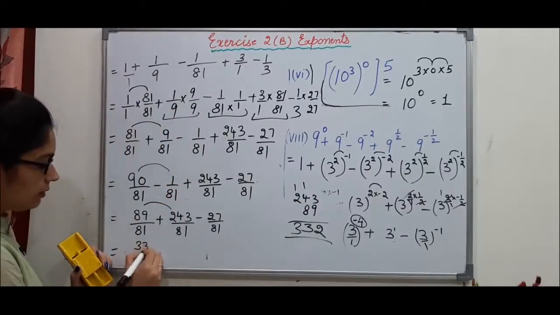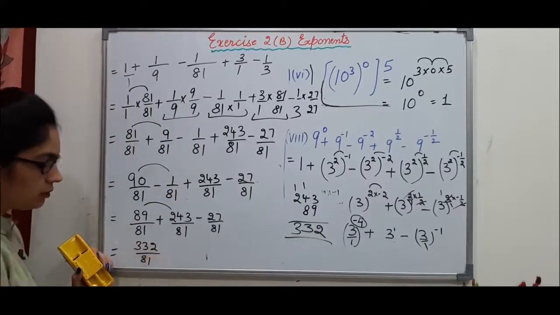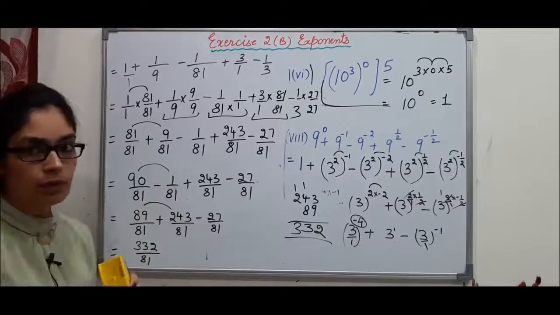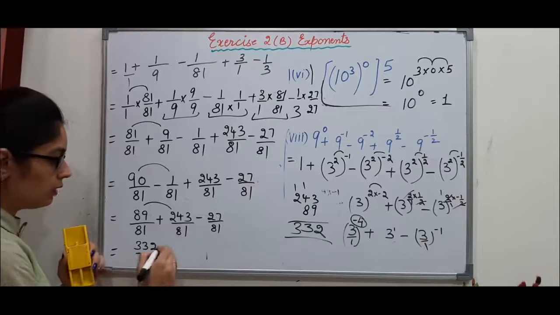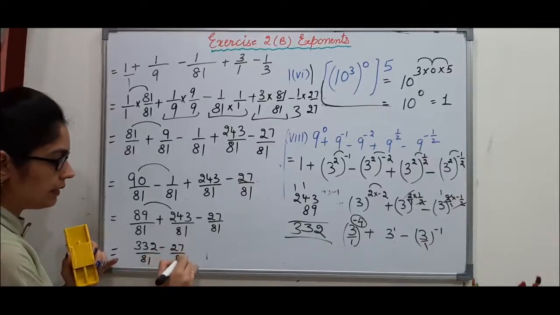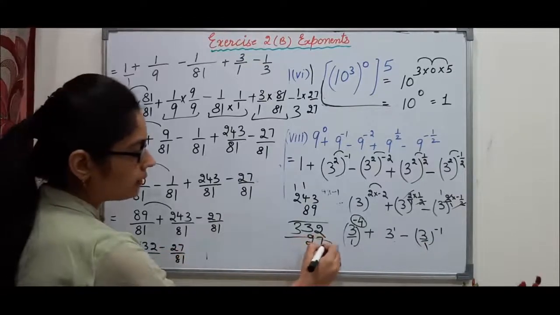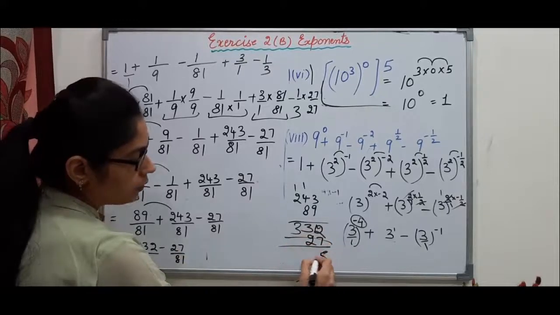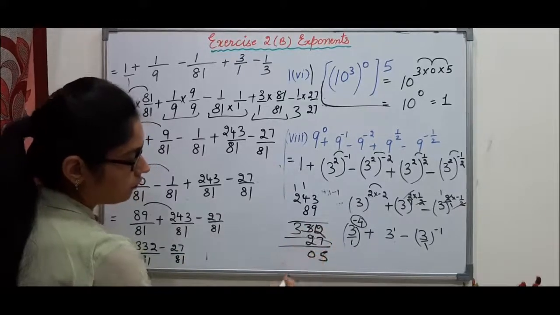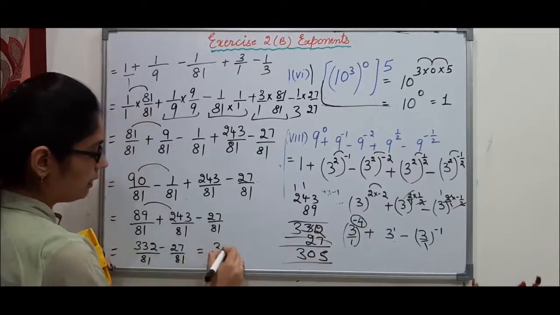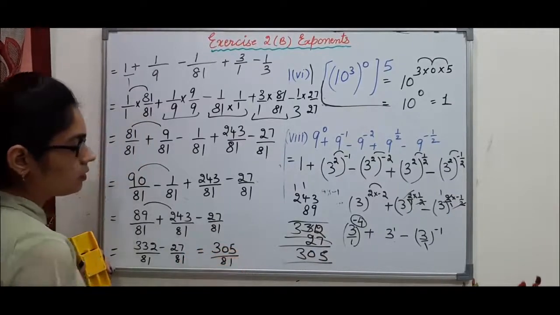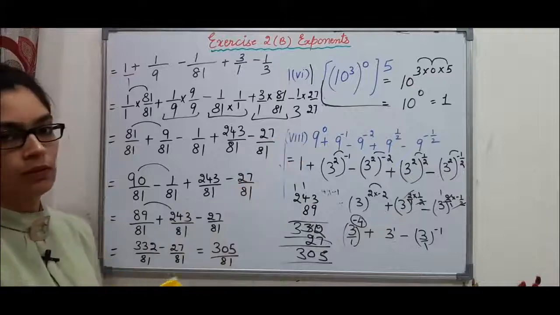So I can write this as 332 by 81. The denominator is already 81, so you can write it as it is, only the numerators we are solving. So 332 minus 27 by 81, so we can subtract 27 from it. So it is 305 by 81. So this is the answer of this.